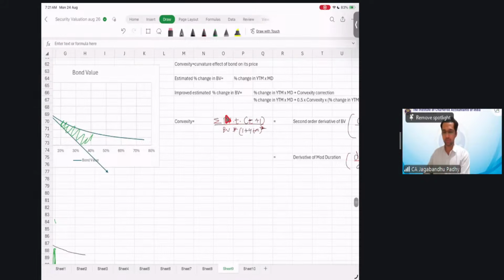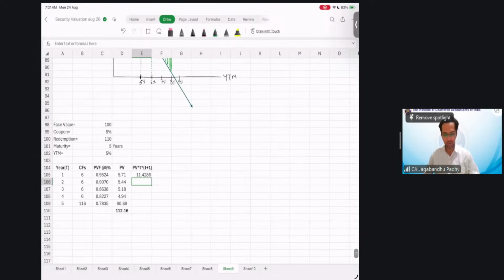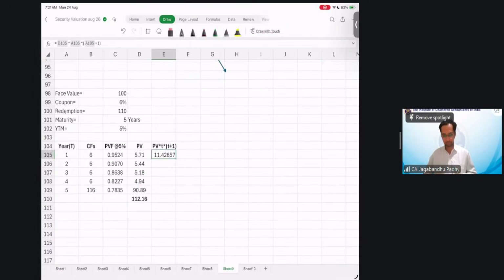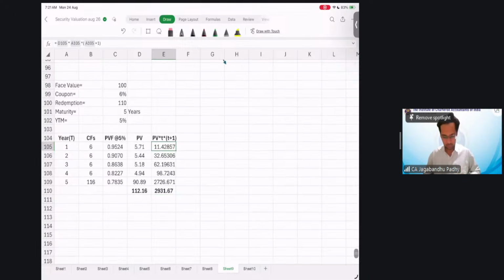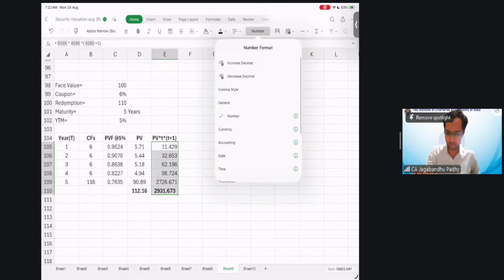We want the summation of PV into T into (T plus 1), so I'm just adding this column, and we get these numbers. We're getting the numerator for our formula.